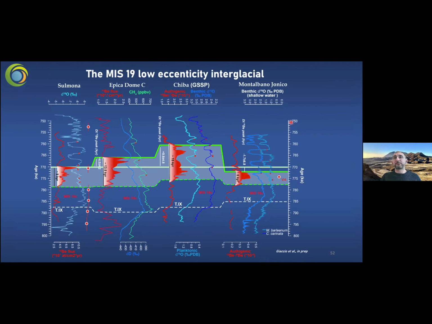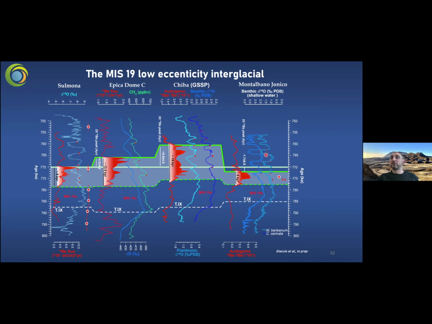Why I say that? Because now that I showed you the Sumona records with its independent chronology, we have now a barium production curve for this record that is fully independent. Epicadom Sea have also a barium-10 data. The Chiba, which is the GSSP section for this period, have also a barium peak and a nice paleoclimatic records.